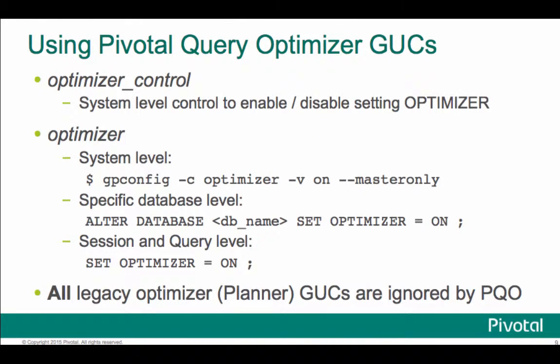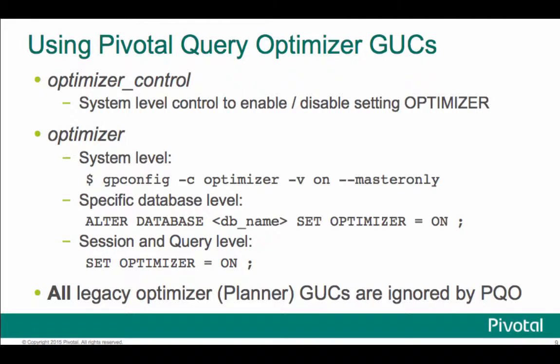So in order to use the Pivotal query optimizer, there are a couple of GUCs that influence the behavior of the system. There's one GUC called optimizer control, which you can set at the level of the system, the instance or the cluster, to enable or disable setting optimizer across the entire cluster. Then there's the optimizer GUC itself, which can be set at 3 different levels.